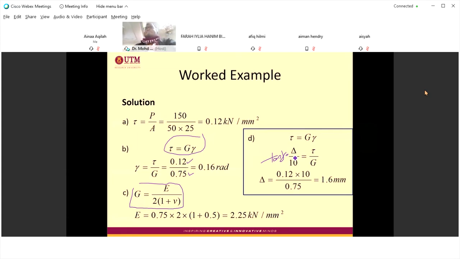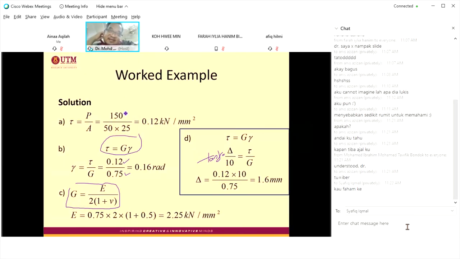Total. Is the gamma must be in radian? Yeah, in radian. You must change it to radian. If you want to multiply by a degree, you calculate.